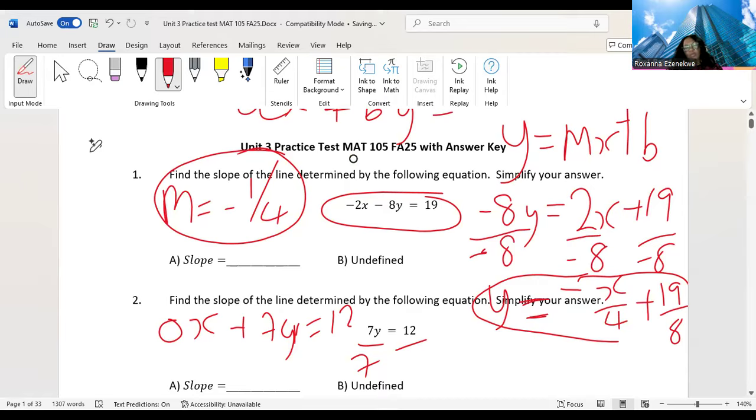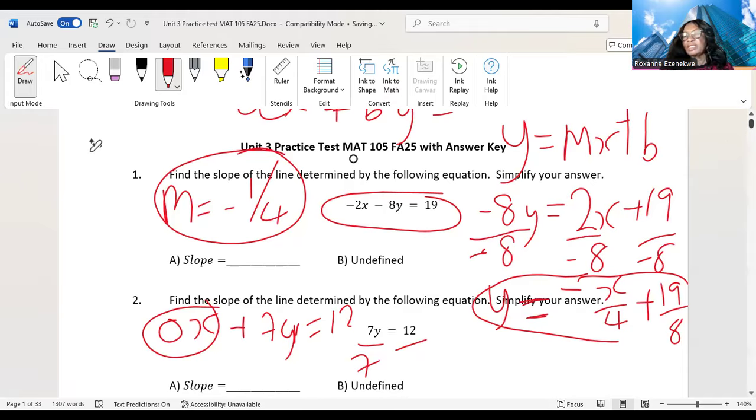So whenever the slope is 0, you already know that the equation is going to be a line parallel to the x-axis. So we already see that the coefficient of x is 0. But anyway, let's rewrite it.